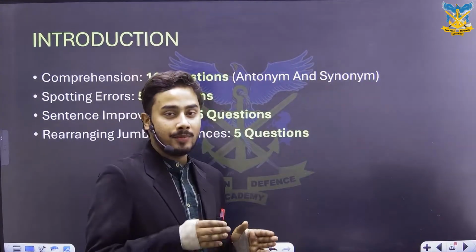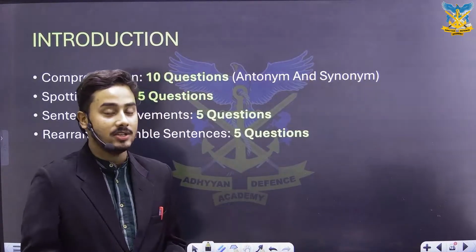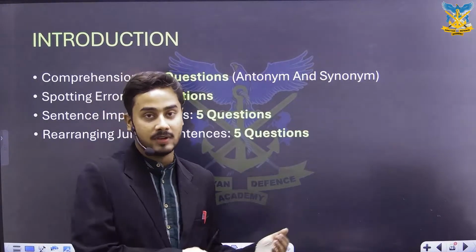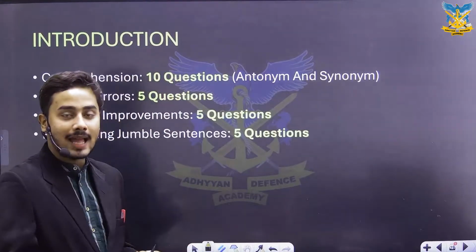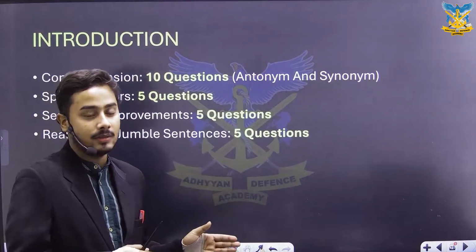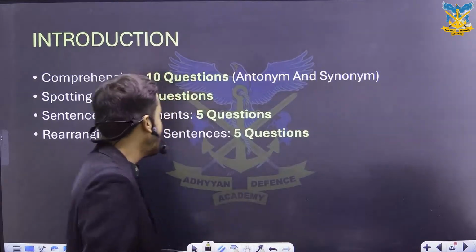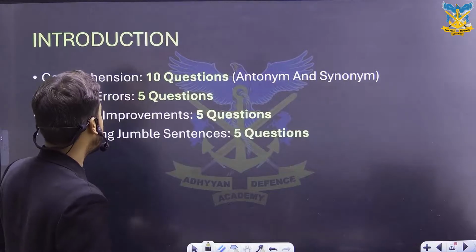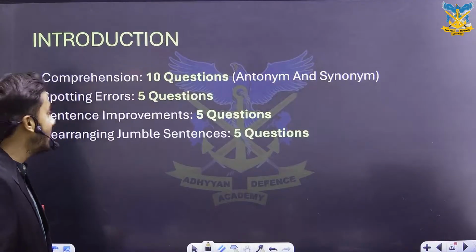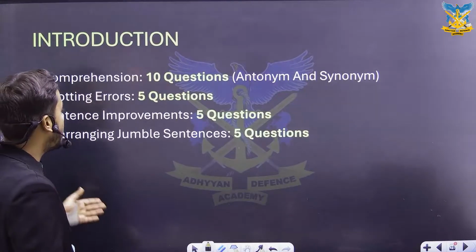I'll just give you a brush up, even though this is something I've already shared and explained in my previous video, but I'm going to give a very gentle and very tangible brush up of how exactly the exam and question pattern is. In the last SPI GAT paper, we had 10 questions from the comprehension section. We had 5 questions from spotting the error.